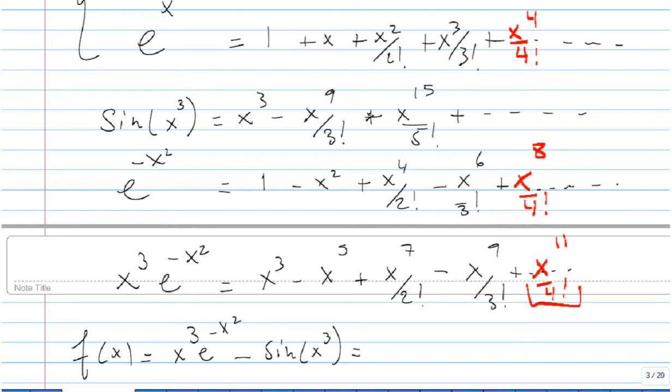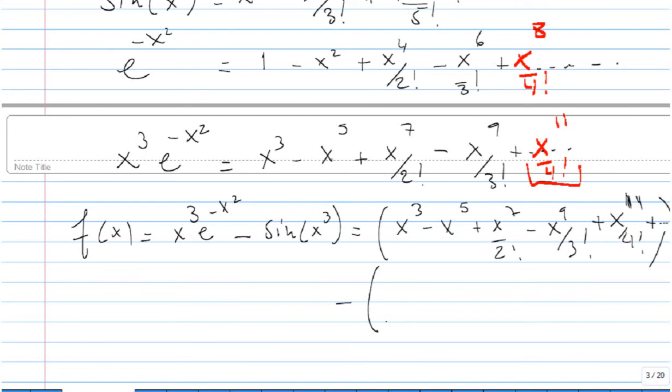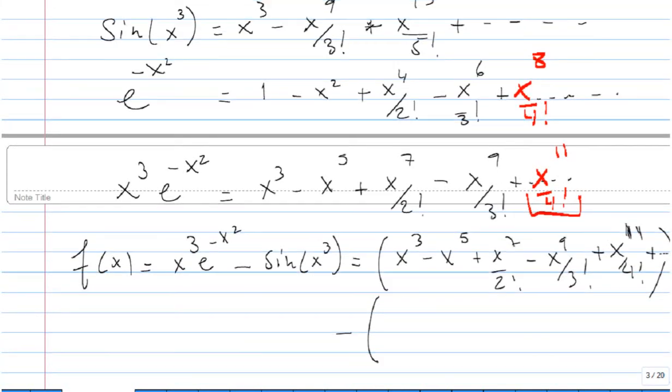For the first part we have x cubed minus x^5 plus x^7 over 2 factorial minus x^9 over 3 factorial plus x^11 over 4 factorial, etc. Then we subtract the sine of x cubed, which we just found: x cubed minus x^9 over 3 factorial plus x^15 over 5 factorial, etc.